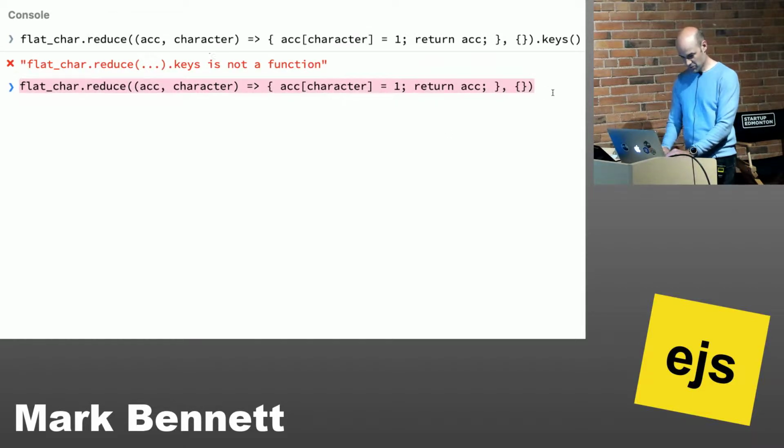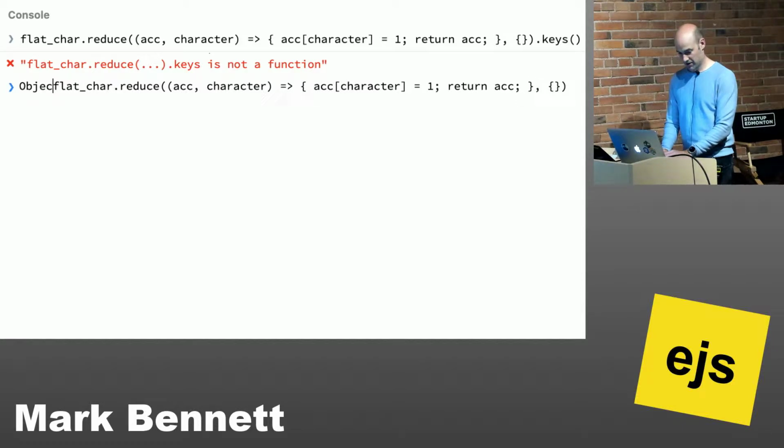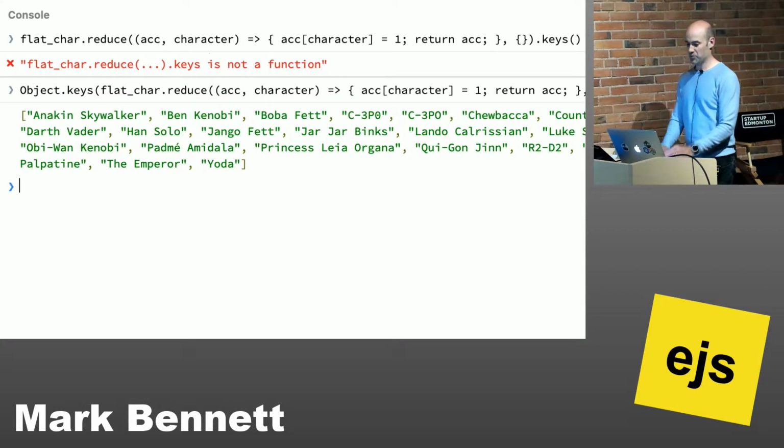You'll have to use Object.keys. Right. Okay. So use the prototype, you mean? Object.keys, and this is the parameter you pass. Oh, like this, right? Okay, gotcha. Let's see if that works. There we go. Okay, so those are actually our unique people in the film.